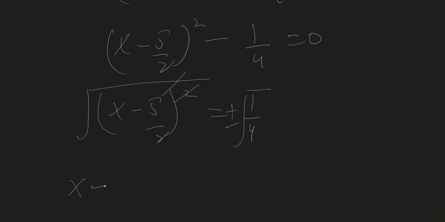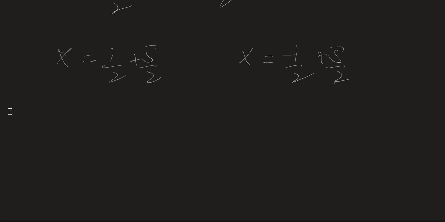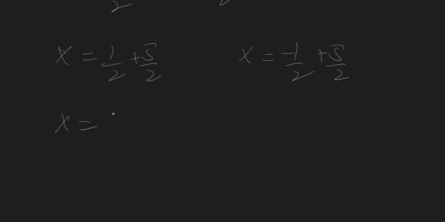So we get x minus 5 by 2 equals plus minus the square root of 1 by 4, which is 1 over 2. Then we'll get 1 by 2 plus 5 by 2 and minus 1 by 2 plus 5 by 2. From here we'll get 6 over 2, which will give us 3. And from here we'll get 4 over 2, which will give us 2. Now 3 and 2 are the solutions for the quadratic equation.